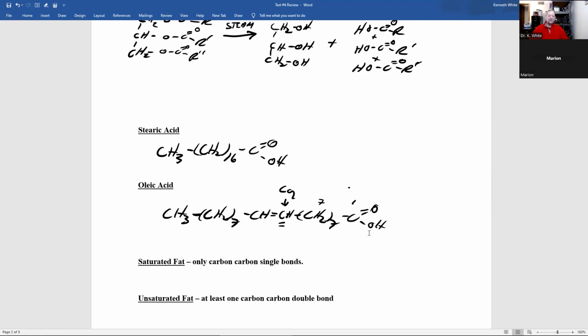And that can be cis or trans. And you have the rest of it, again, 18 total carbons. If I ask on a test, give the structure of stearic acid, you should be able to write it. If I ask on a test, give the structure of oleic acid, you should be able to write it.